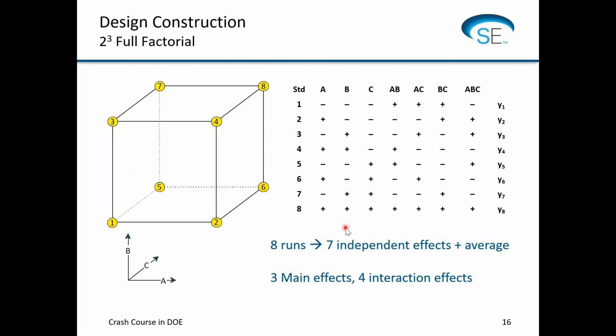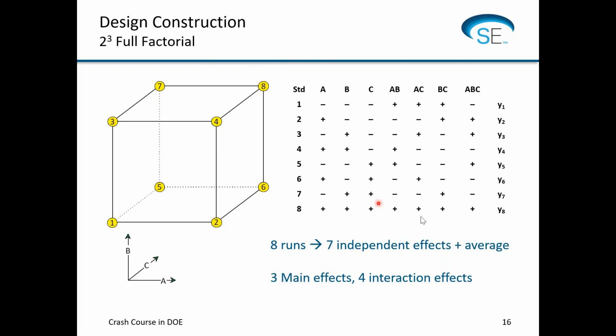And then we can calculate 7 different effects as well. Because I have 8 runs, I can calculate 8 different things. So I've got the overall average, 3 main effects, 3 two-factor interactions, and this thing called a three-factor interaction. Hint, hint: three-factor interactions are very rare, and oftentimes we'll assume they don't exist. But that's coming up later. Okay, so that's how it's laid out.